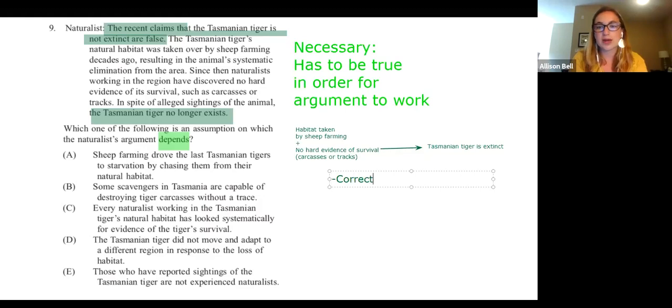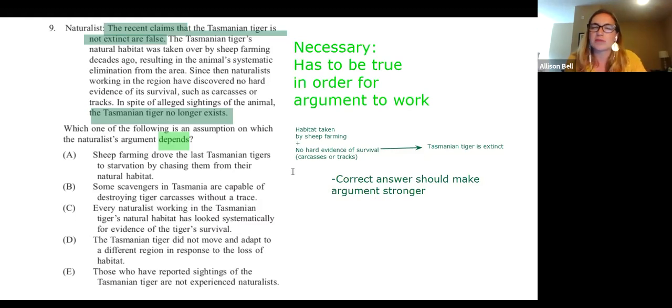One is that the correct answer to a necessary assumption question should make the argument stronger if we plug it in as it is. So if I have any answer choices that by themselves would hurt this argument, I can eliminate them quickly and focus my attention elsewhere.